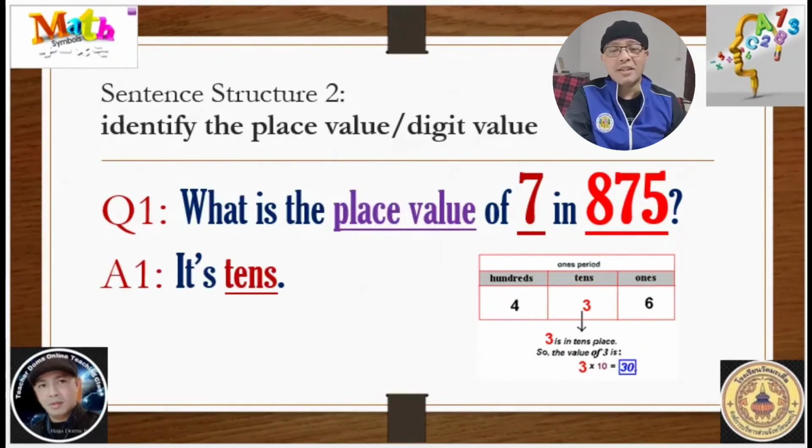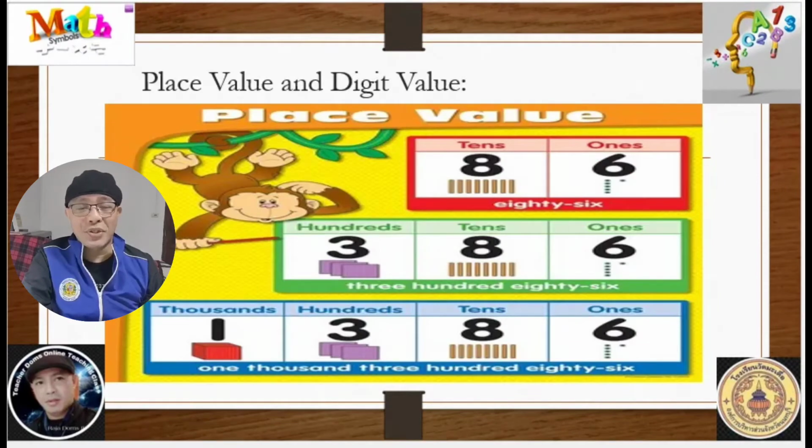Our second sentence structure is identify the place value and digit value. The question goes this way: what is the place value of 7 in 875? It's tens. To illustrate that, we have here the illustration of place and digit value.